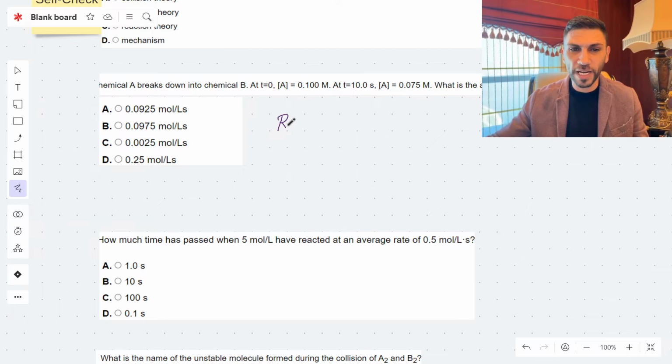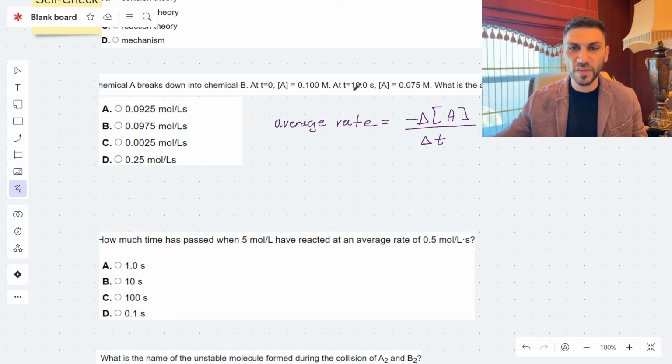The rate of the chemical reaction, or the average rate of the chemical reaction, equals, because here we are talking about the reactant A, negative delta concentration of A divided by delta T. You know delta A because you have the final, which is 0.075, minus the initial, which is 0.1 molar, and delta T is 10 seconds minus 0 seconds.